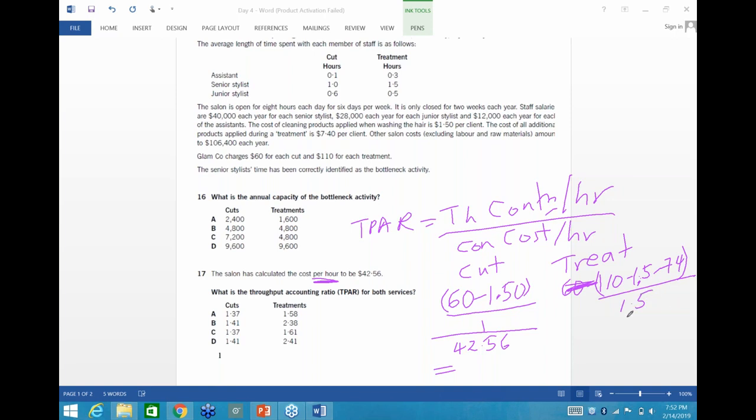So that's throughput contribution per hour for a treatment divided by again 42.56. So when I do this, I get 1.37. And when I do this, I get 1.58. And I get an answer of A for apple.